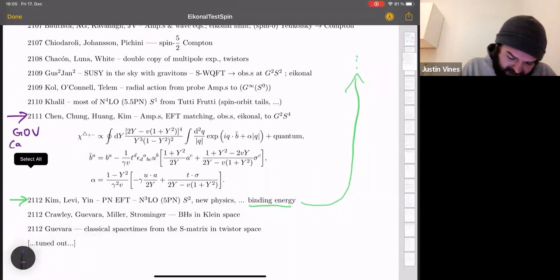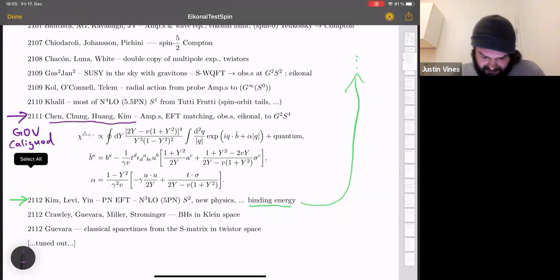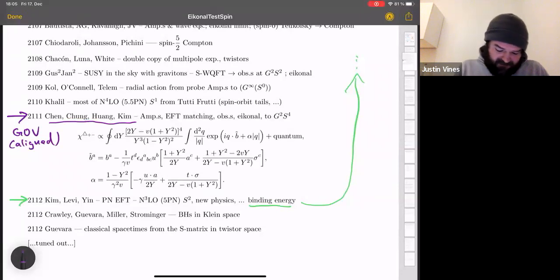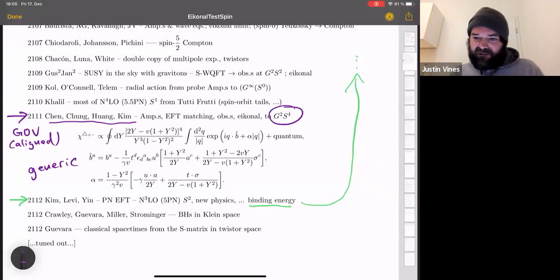That was aligned. And now this very nice work from 3 weeks ago or something like that, November of this year, did it for generic spins, again to this G squared S to the 4th level.